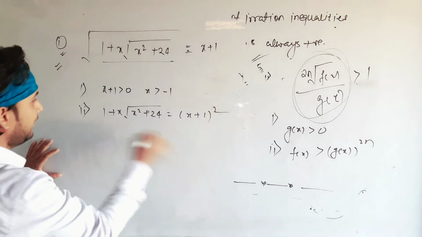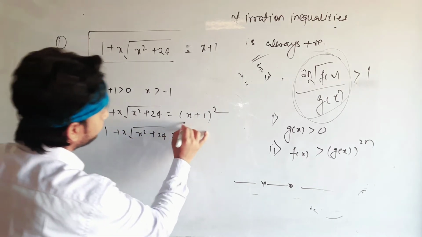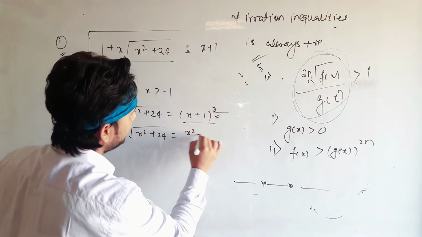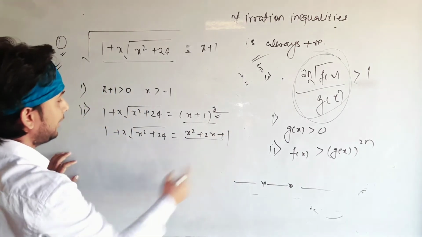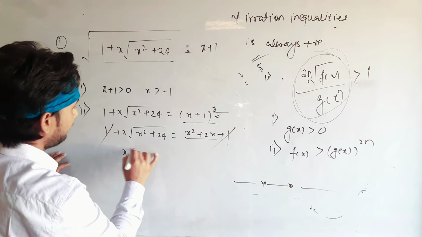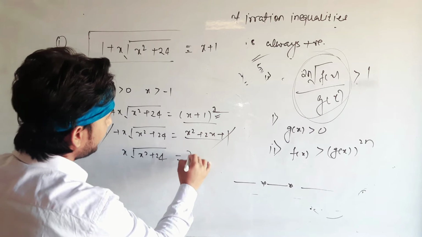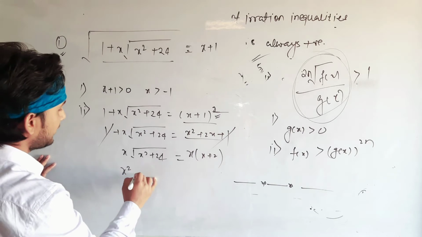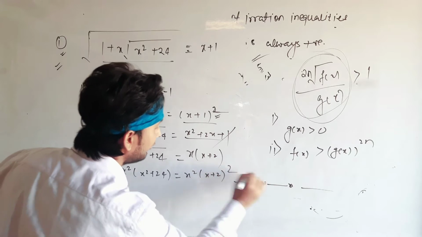It means that you can break it into the full expression, x square plus 2x plus 1. Then cancel 1 and 1. And x into under root of x square plus 24, then you take x common here and you have to square again. That will be x square into (x square plus 24) equals x square into (x plus 2) whole square.